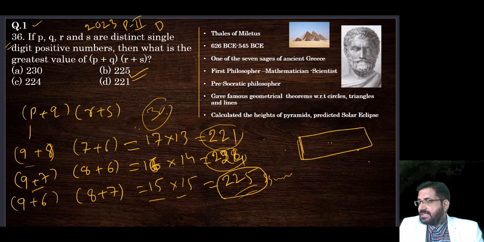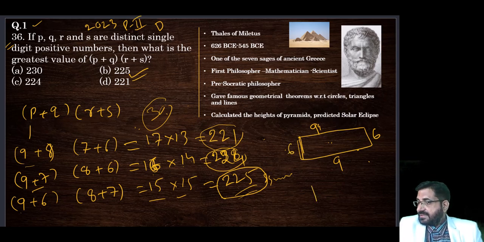For the rectangle, he can make it as 9 and the remaining thing is what? 6.